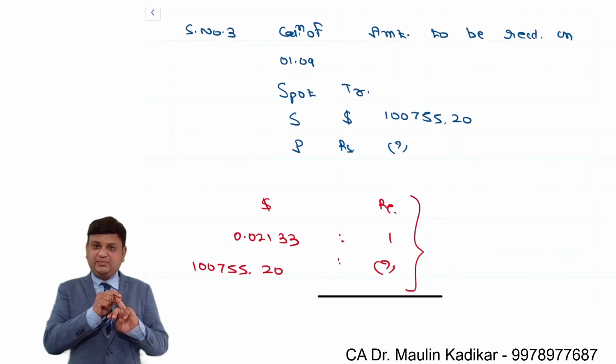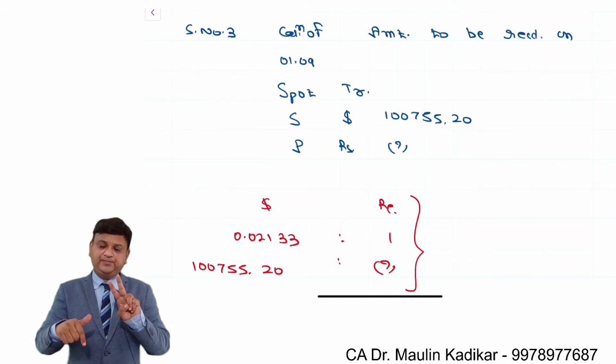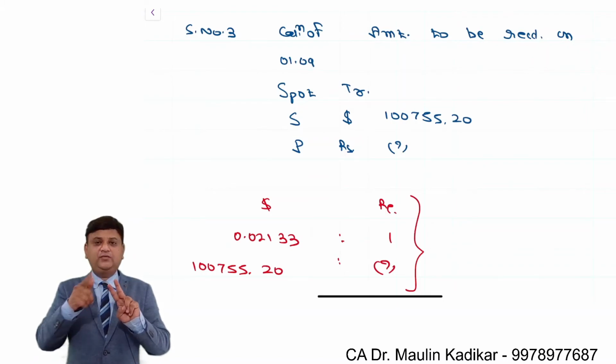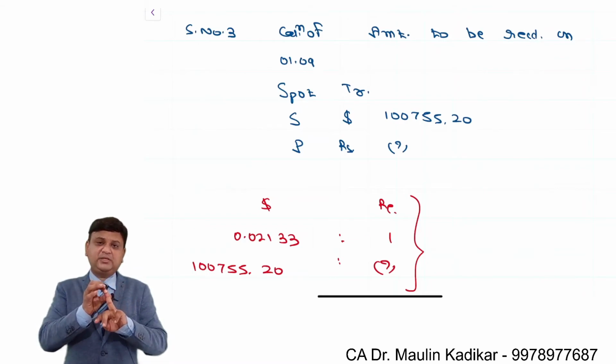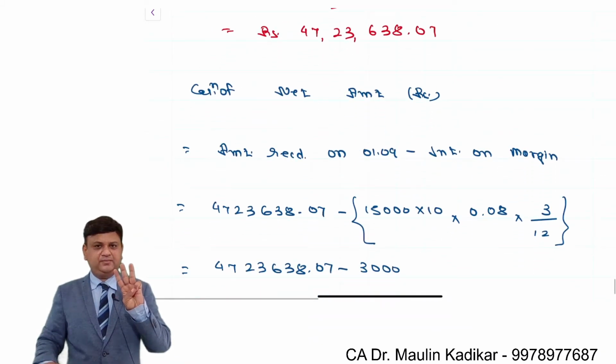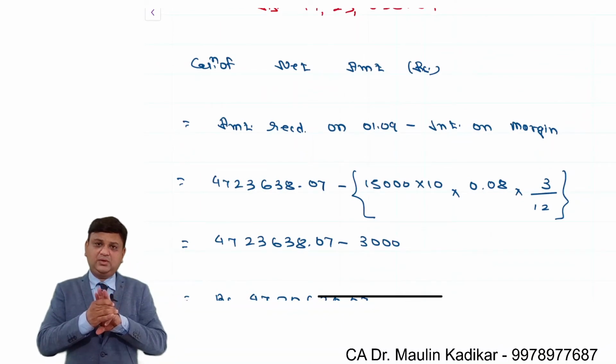The reason for that is very simple. This amount of the profit will be given to you on 1st of September only, or this amount of the loss will be recovered from you on 1st of September only. That is the reason, so on 1st of September the spot rate would be applicable for this conversion. So with that, we make the calculation, and finally we'll have the computation of the net amount.